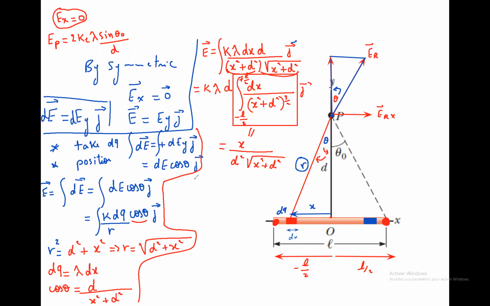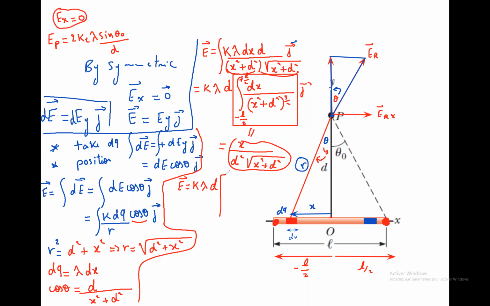Okay, we can write the final equation. E equal k lambda d integral from minus L over 2 to plus L over 2 of dx. Okay, we have the solution. So we put the solution of the integral.